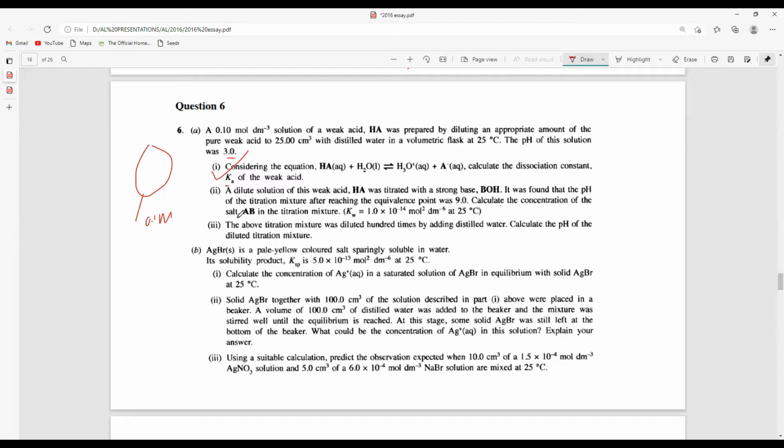So this is our salt, BA. And the equivalence point pH is given as 9.0. So calculate the concentration of salt. That is what they are asking.